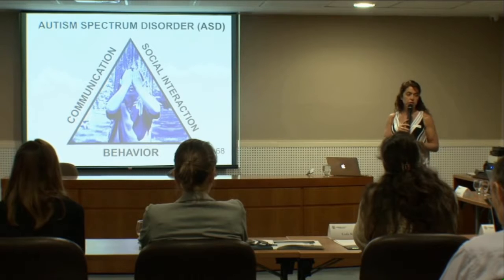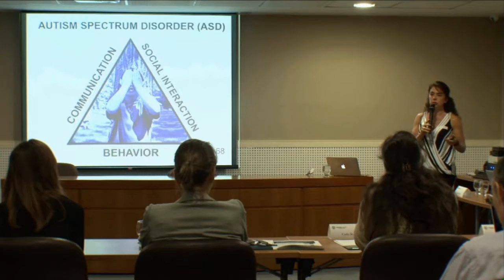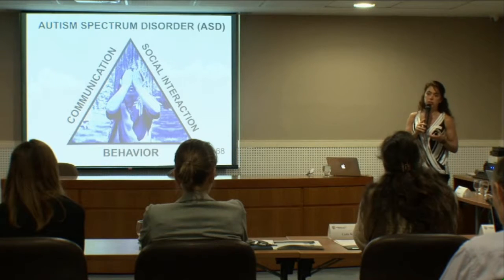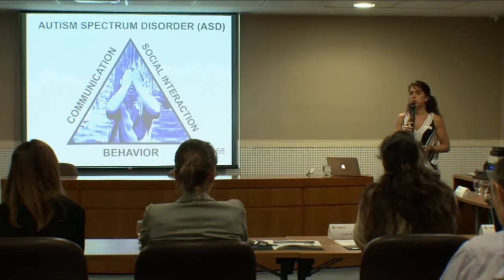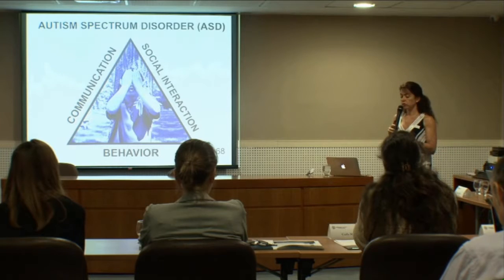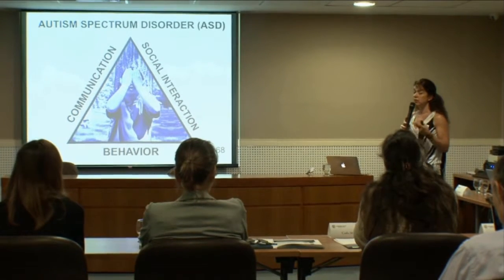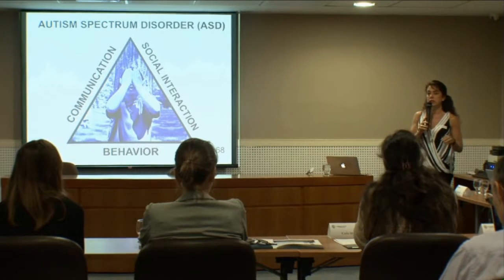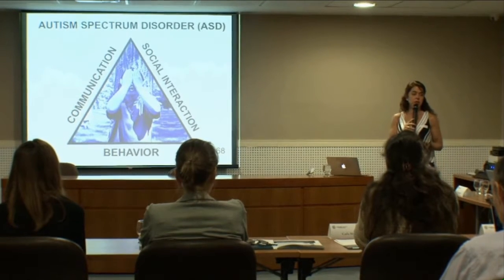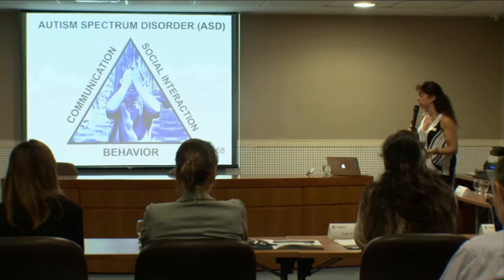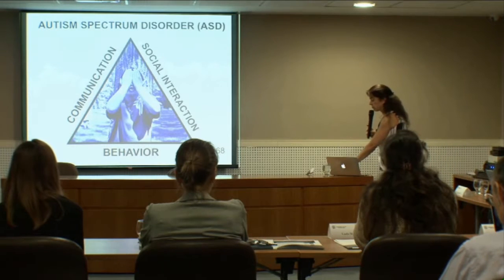Typical behavior for autistic people includes stereotyped movements, for example, and they also have cognitive impairment. The prevalence is very high: 1 in 68 in the US. But around the world, we can say that 1 to 2% of the population manifests some kind of autism or some symptoms of autism. So it's a lot of people.